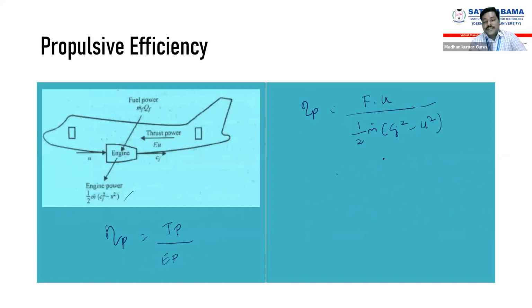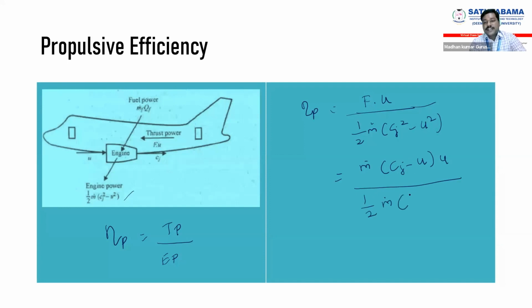Let's substitute this. So m dot a will be replaced as a simple m dot, the net mass flow rate, into Cj minus u, that is F, and then another term u is there, divided by half m dot.